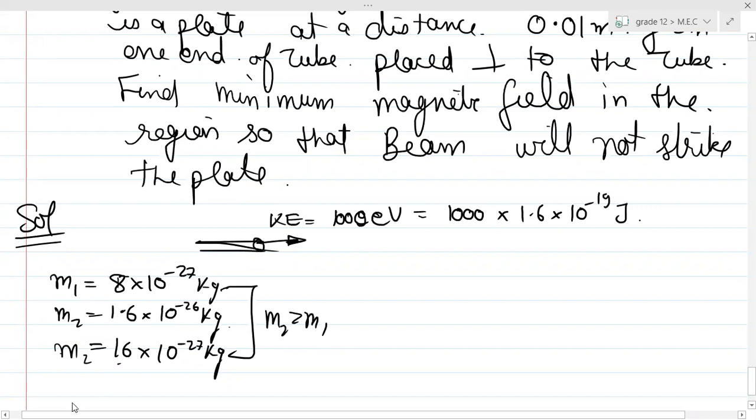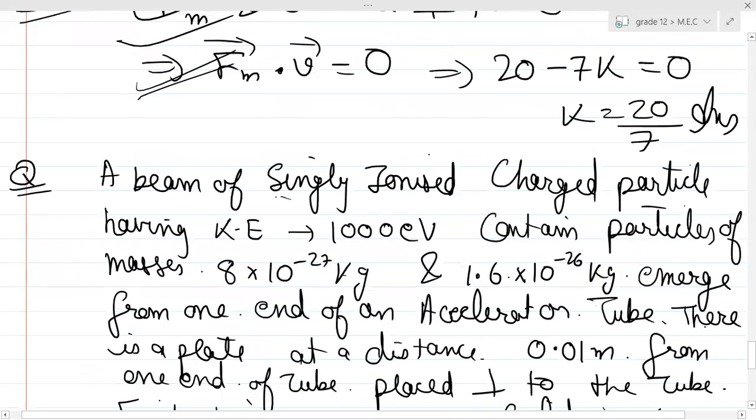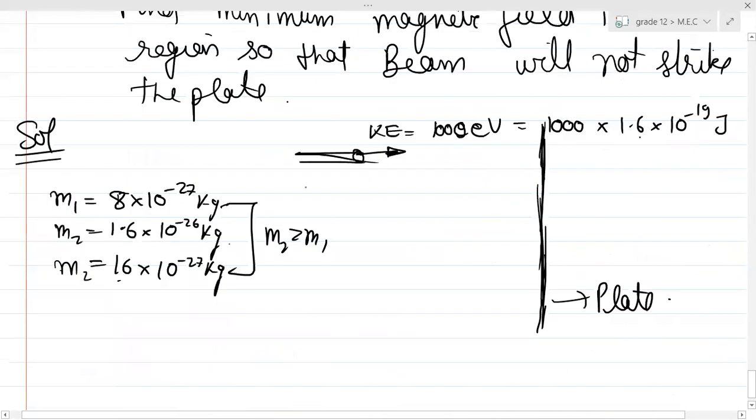Okay? Now, what have they given? So what have they given? They have said that there is a screen which is perpendicular to the rod. Can you see over here? There is a plate. This is the plate, right? Now they are saying this beam of singly ionized charged particles. Singly ionized charged particle. That implies what is the charge?